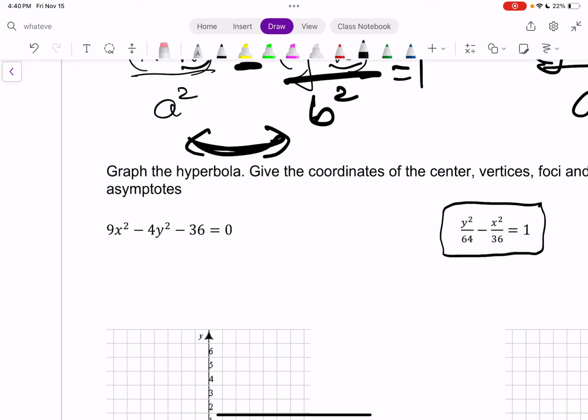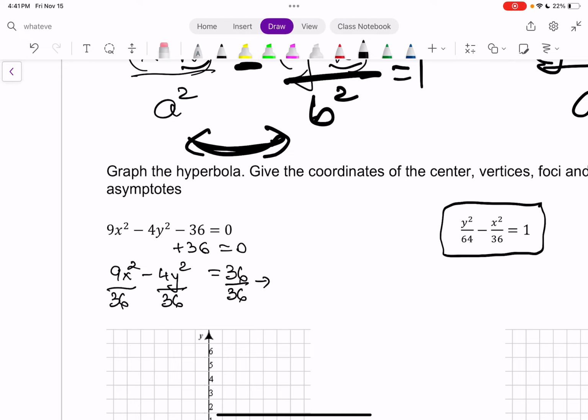So, same as we did in the last section, we're just going to manipulate it to make it look like that. So I'm going to add 36 over, now at least it's equaling a number, but it has to equal 1, so I divide everything by 36.